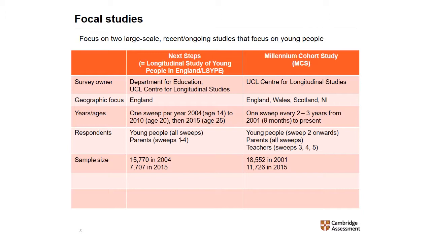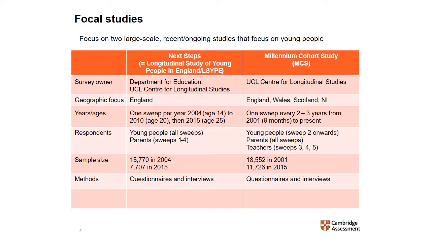In terms of how many respondents they work with, well, Next Steps started with over 15,000 and the Millennium Cohort Study started with over 18,000. We see what we call sample attrition over time, where simply people stop responding, so the sample does decline over time, but we've still got thousands of respondents in each survey sweep.